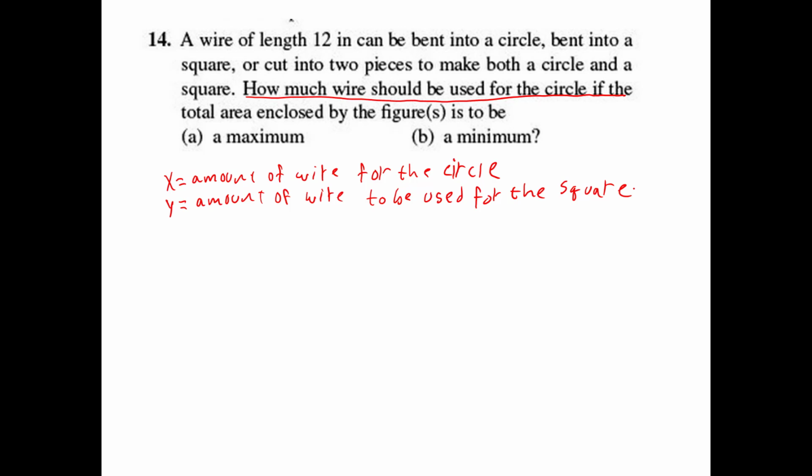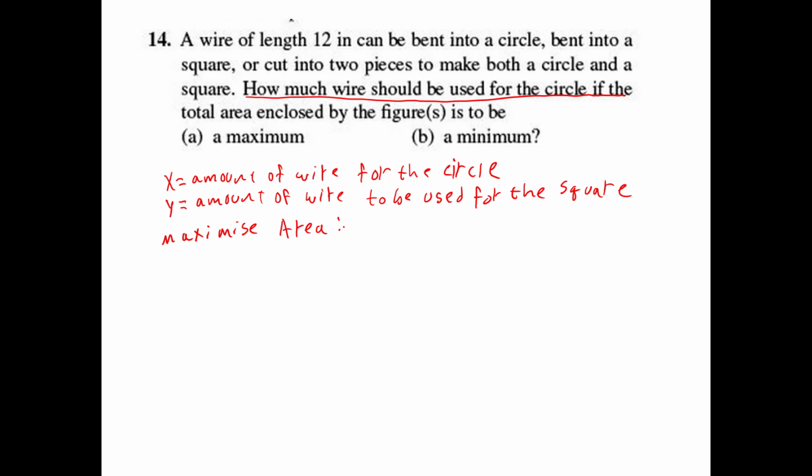Okay, so if the total area enclosed by the figure is to be a maximum, we want to maximize the area. And so we need a formula for the area.